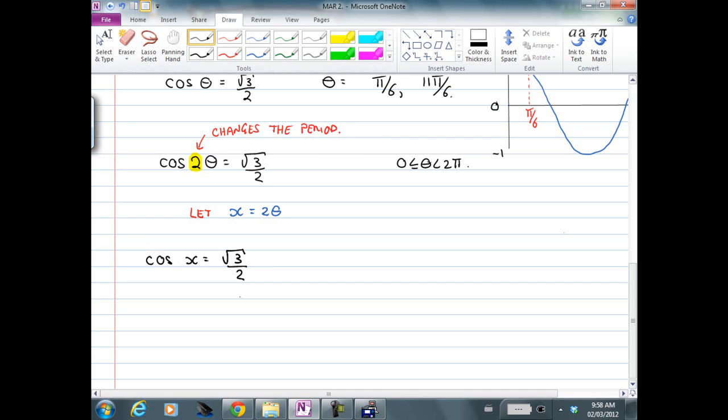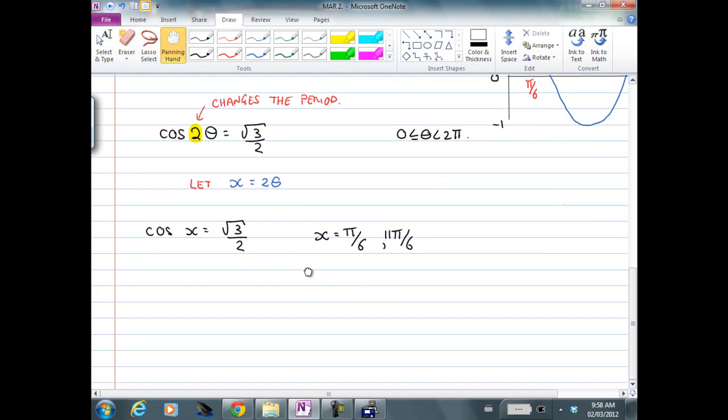All I did was replace 2 theta with x. We solved for x already from up here. So x equals pi by 6 and 11 pi by 6. That's what we found from our previous question.